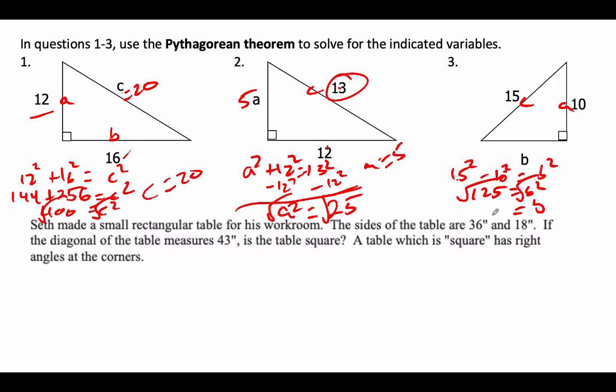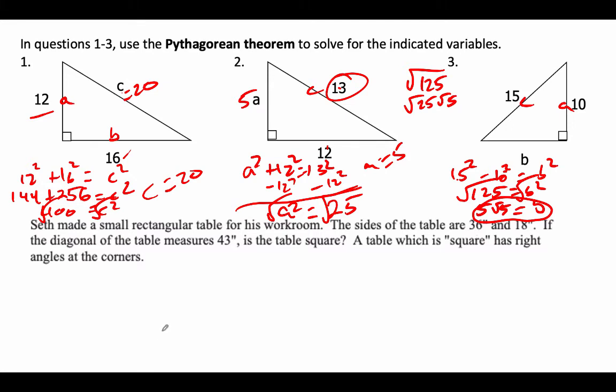So now, if they were looking for the rounded, I believe it's like 11.1 or 11.2. If you're looking for a simplified square root, remember, we break down square roots as the square root of 25 times the square root of 5. You're looking for perfect square factors. So we would do 5 root 5 on this one, and we're set.